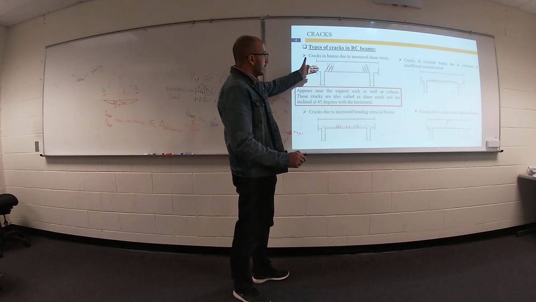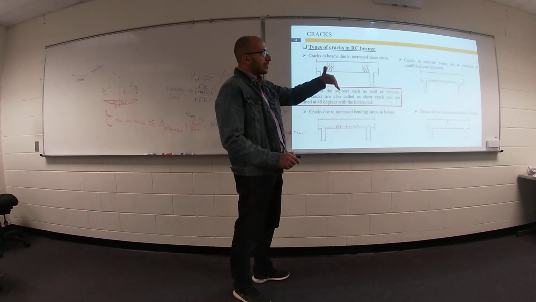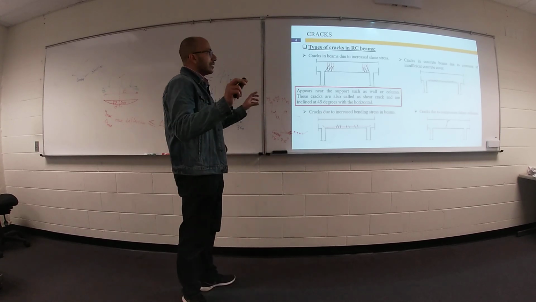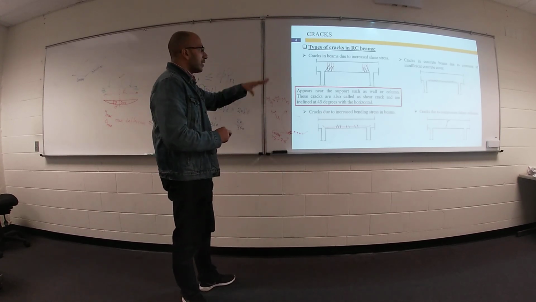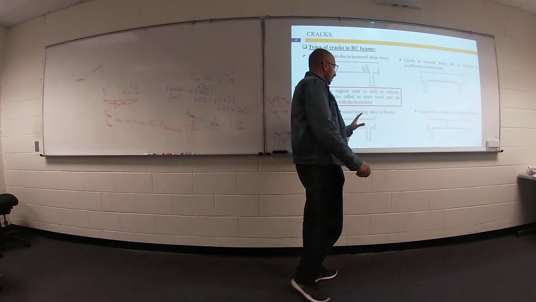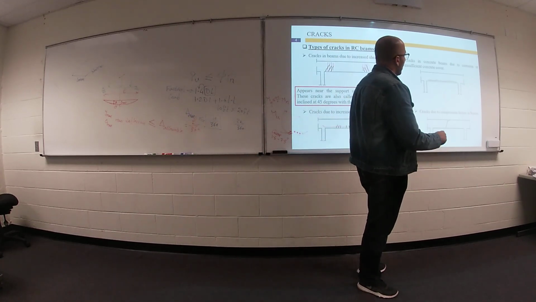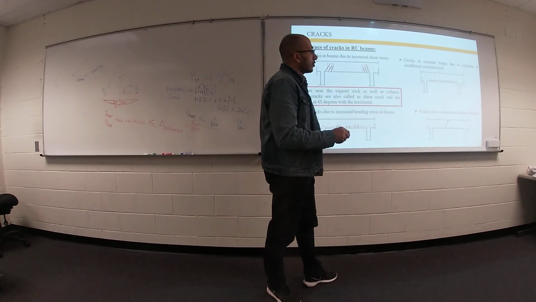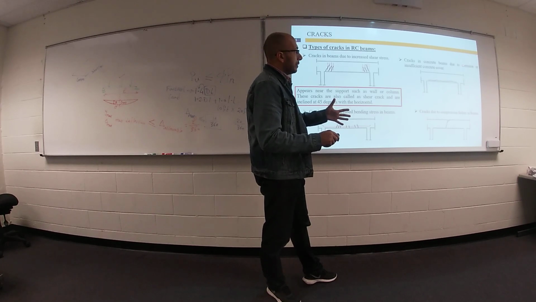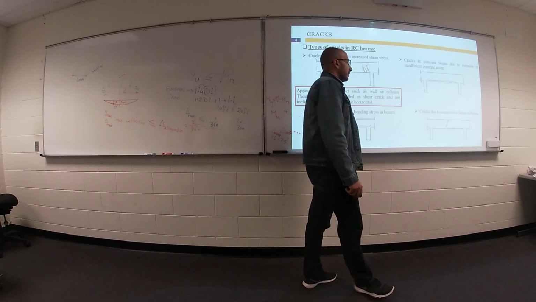Actually, if you find these cracks, we have other steps to solve this issue without removing the structure. You can solve this issue, but we don't have time to cover all this. Anyway, horizontal cracks at the bottom part of your beam are due to corrosion of steel reinforcement or insufficient concrete cover.